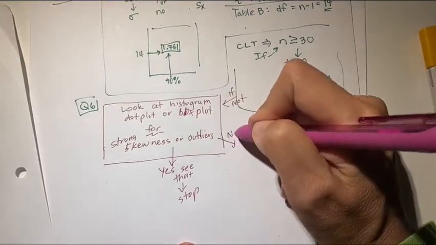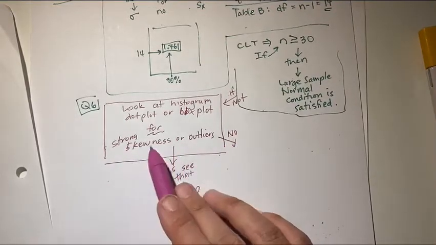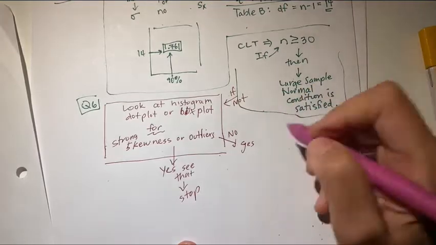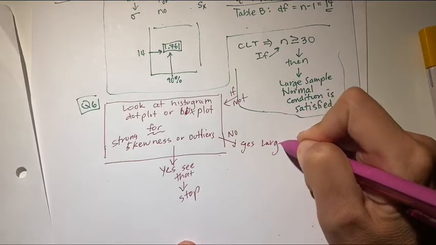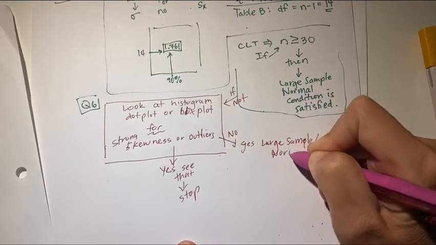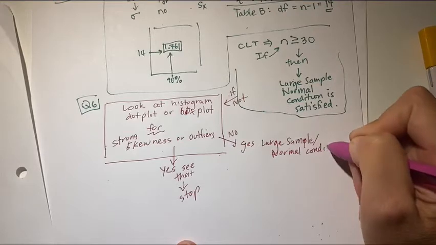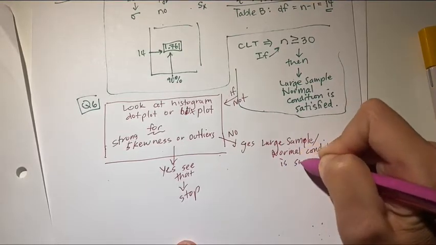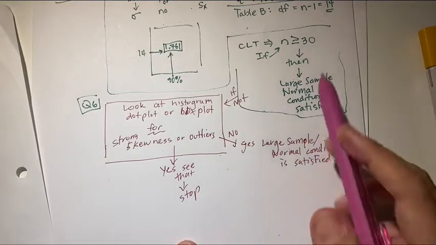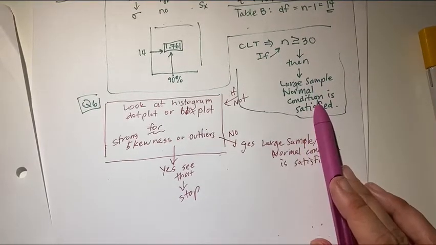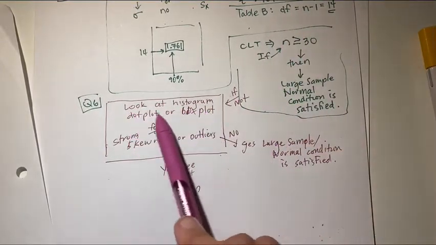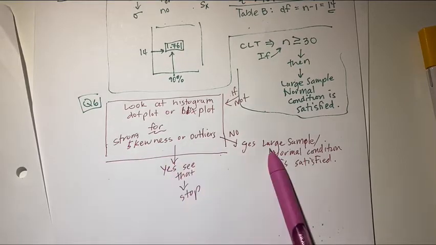If you see no, you say nope, no strong skewness and no outliers, then you're going to say yes, large sample normal condition is satisfied. Okay. So there's 2 ways to get to the yes, my condition is satisfied. Either I have greater than or equal to 30 and I stop, or if I don't, then I got to look at them, look for this, and it might be a yes or a no.